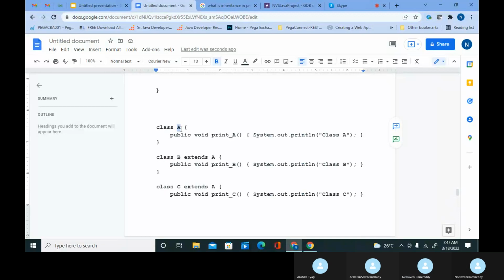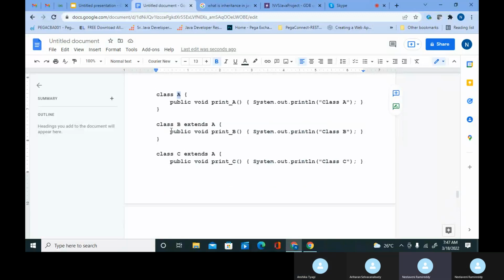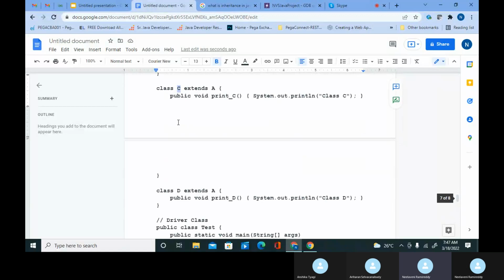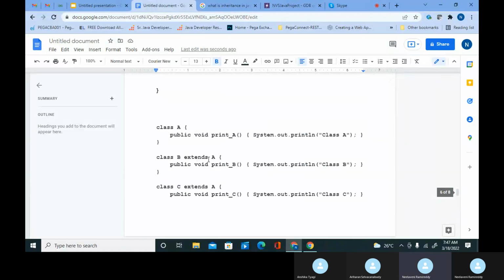That is the concept of hierarchical: B is a child of A, C is a child of A, and D is a child of A. So we can extend a parent from multiple different classes.